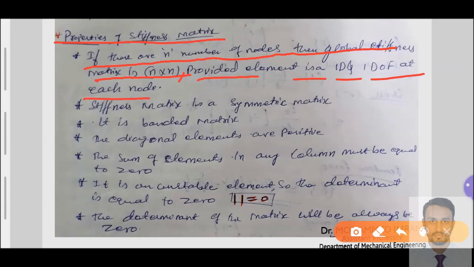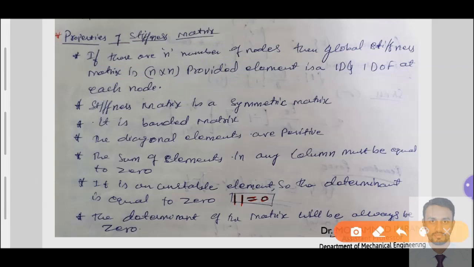This is an example. Okay, so we get a one dimensional element, 1 degree of freedom. How do we get the idea about this one dimensional element with 1 degree of freedom at each node? So we'll go with these two characteristics.